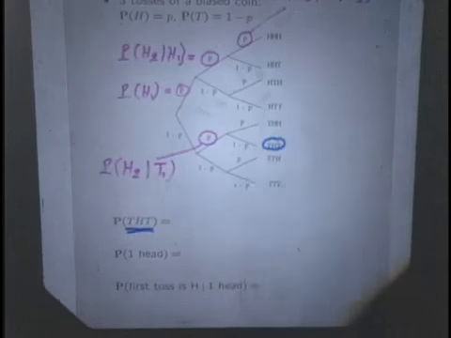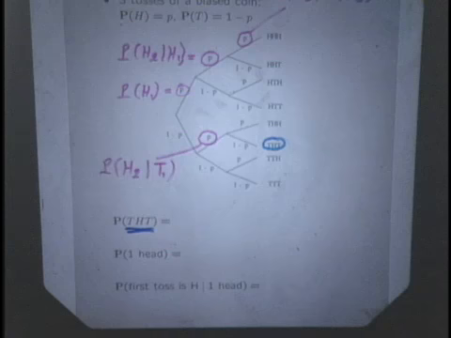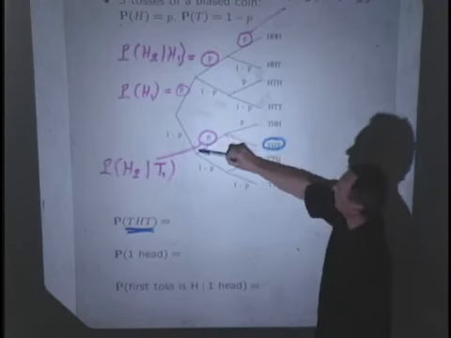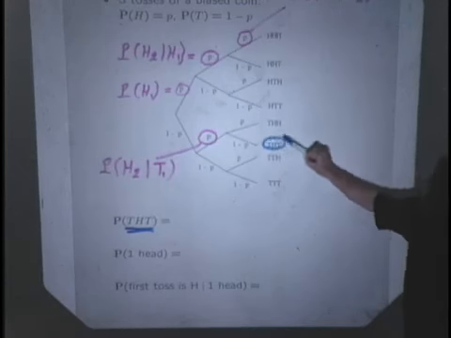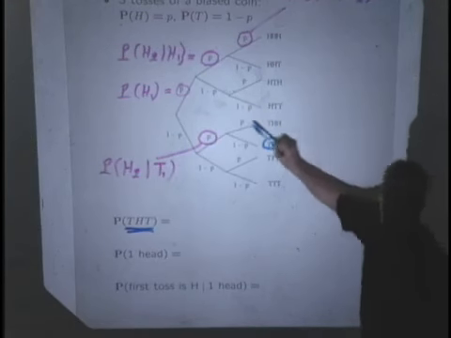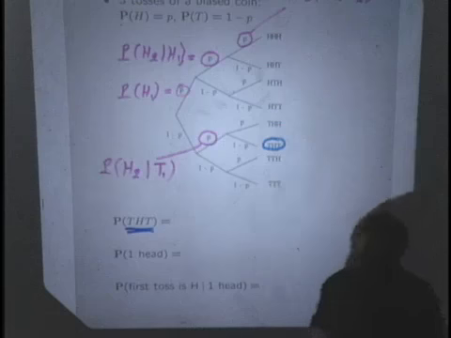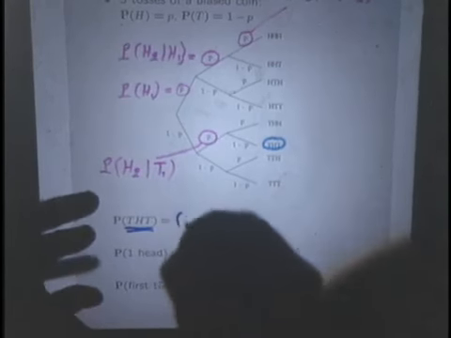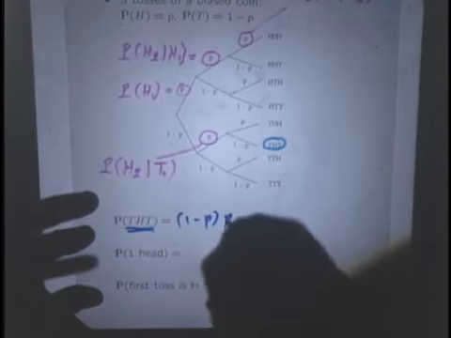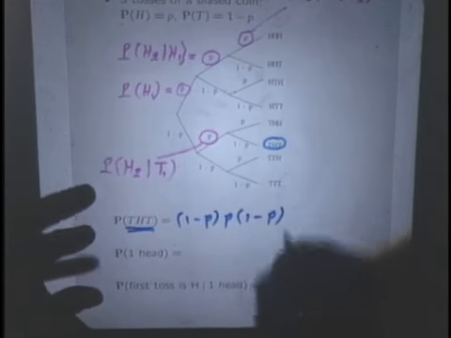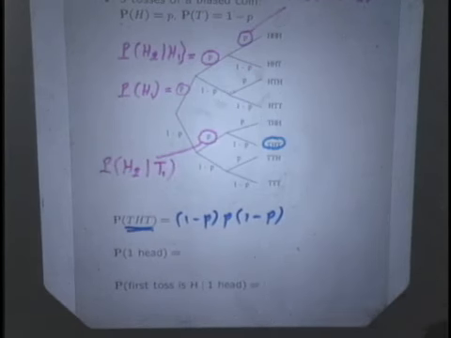The way we calculate such a probability is by multiplying conditional probabilities along the path that takes us to this outcome. These conditional probabilities are recorded here. So it's going to be 1 minus P times P times 1 minus P. This is the multiplication rule.